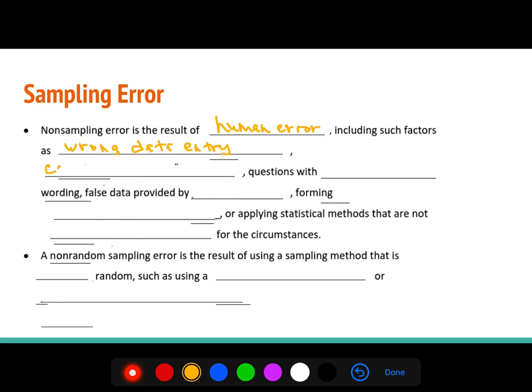And it includes factors such as wrong data entry, computing errors, questions with biased wording, false data provided by your respondents, maybe you formed biased conclusions, maybe even applied statistical methods that are not appropriate.